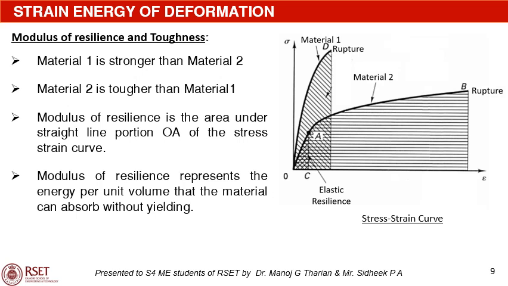That is, if we load the material up to point A, as we remove the load, the structure will regain its original shape. The area under the curve OA is called the modulus of resilience. And modulus of resilience represents the energy per unit volume that the material can absorb without yielding.